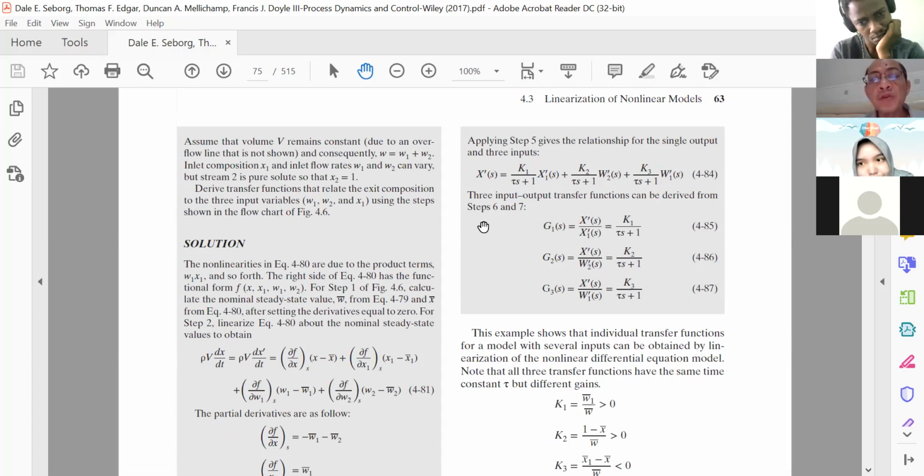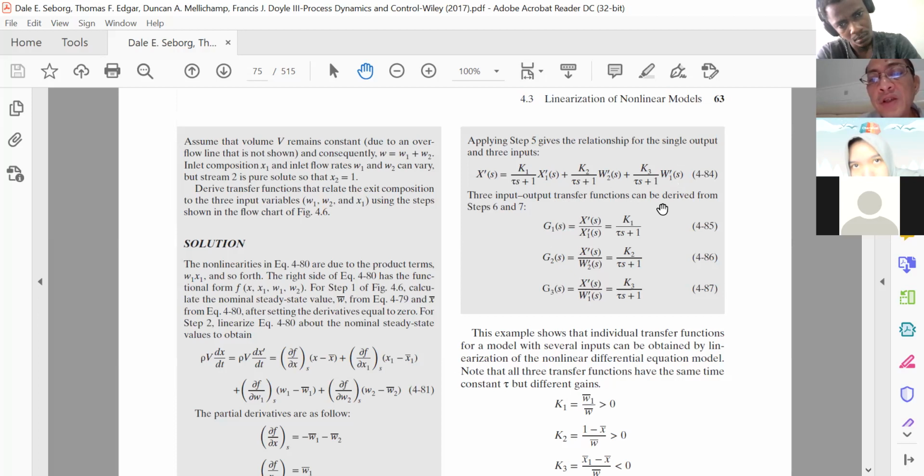Three input-output transfer functions can be derived from steps 6 and 7. When you want to find an individual transfer function, you have to make the other inputs equal to 0. So in order to get x prime over x1 prime, put this into 0.